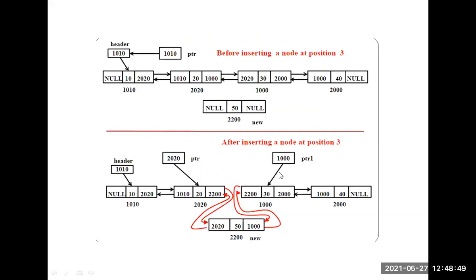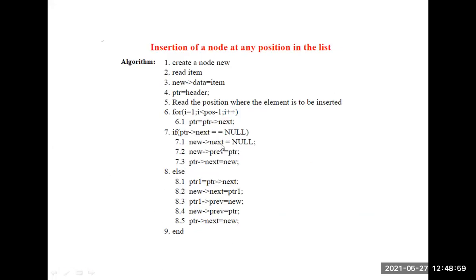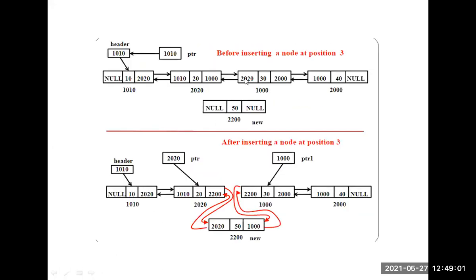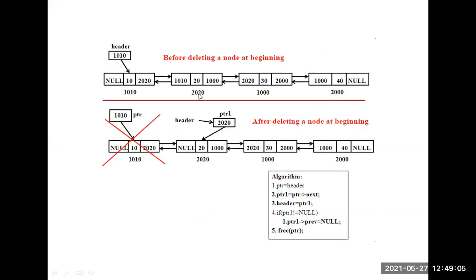Here I got the position. Now this is my pointer, so I want to store this here. What do I have to store here? New of next equal to null.